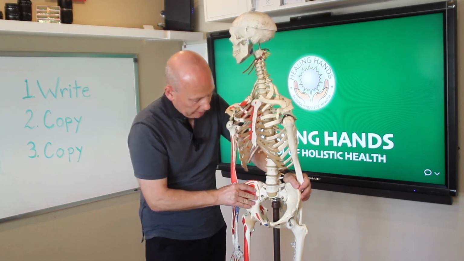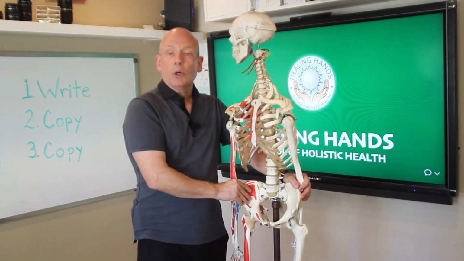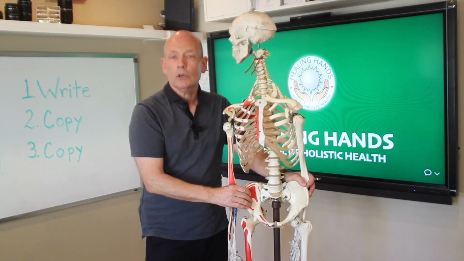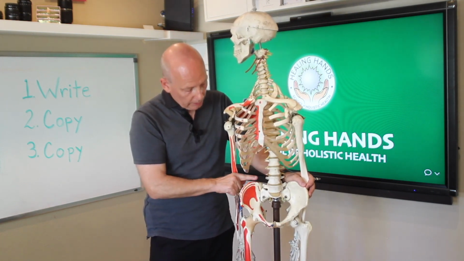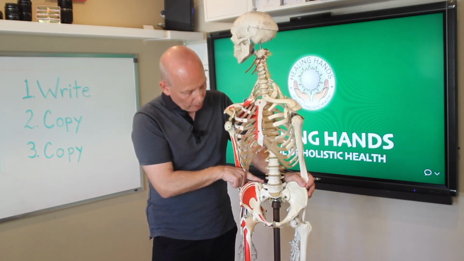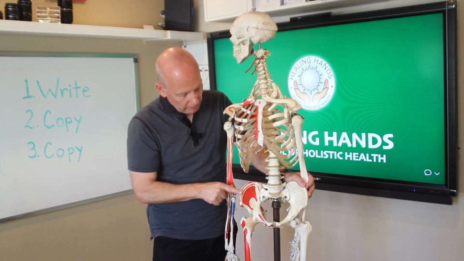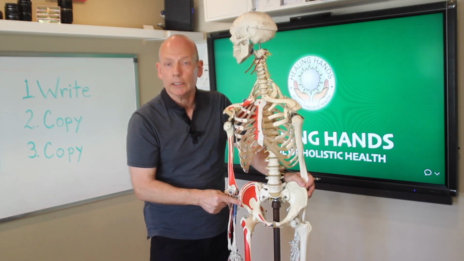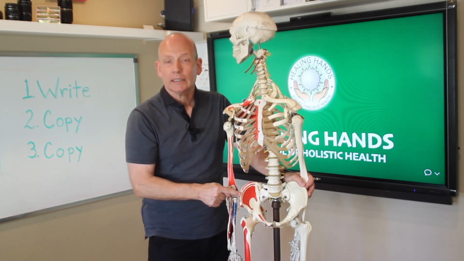The bony landmark that you need to know on the ilium is the iliac crest. It goes way at the top here. It's basically the top portion of the ilium, the iliac crest.